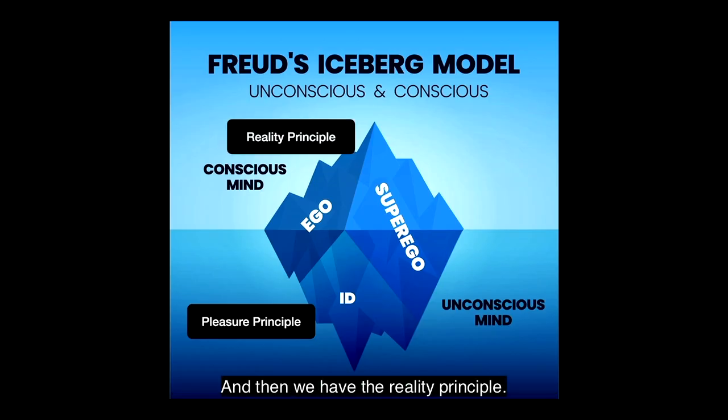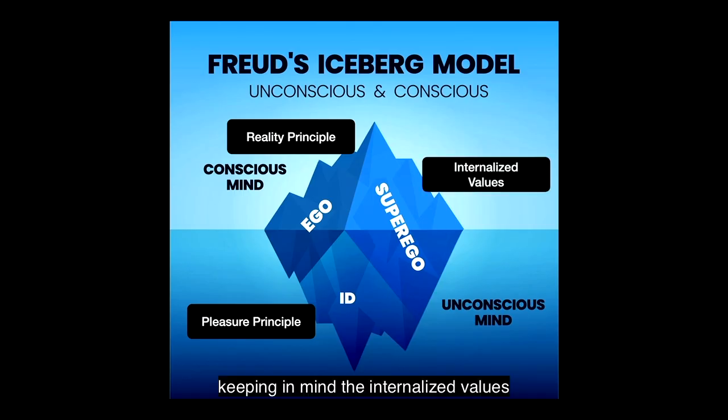And then we have the reality principle. This is the conscious mind that is developing a solution for the needs of the pleasure principled id, keeping in mind the internalized values of the superego.